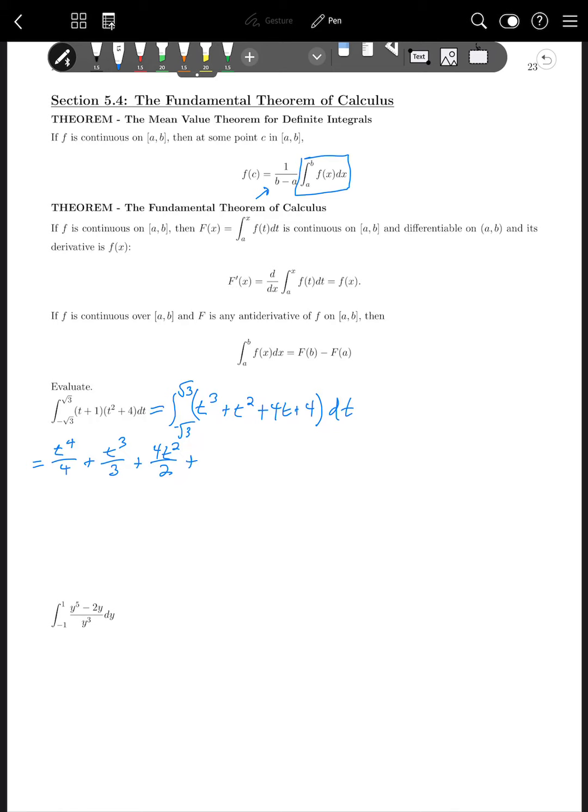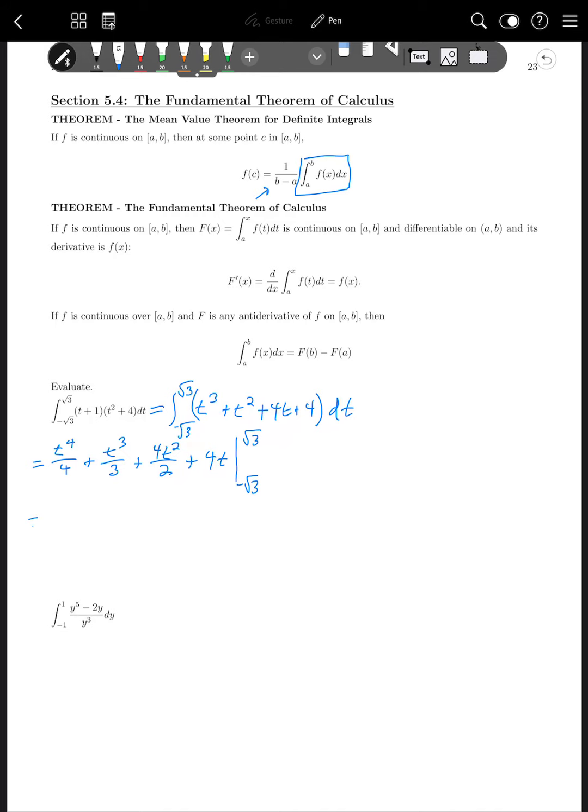And the antiderivative of 4 is 4t. And then we put a vertical line and we put where we're starting and where we're ending, so negative square root of 3 to square root of 3. And so we now just plug each one of those values into the function and find the difference between them.